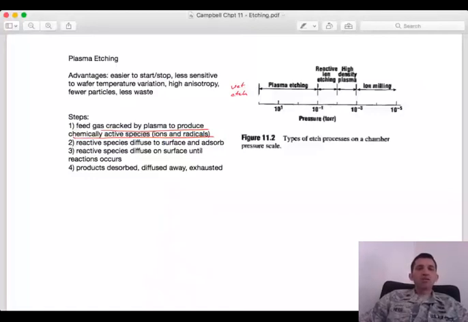A related process, which is not really chemical etching, but it's used in the same vein, removing surface material, is chemical mechanical polishing. So here again is a form of hybrid between chemical action and mechanical action.